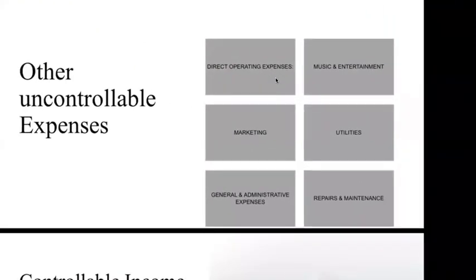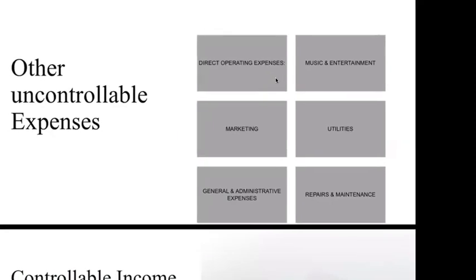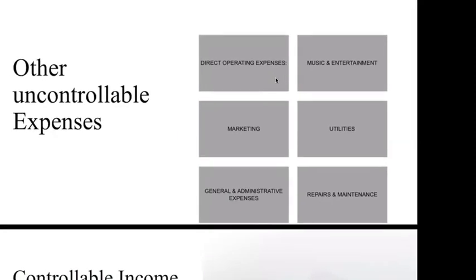Okay, so first, most of the expenses in the other controllable expenses section have a bearing on the service and quality of amenities provided to the guests. Okay, like direct operating expenses, like transport, food, and supplies, and music and entertainment.